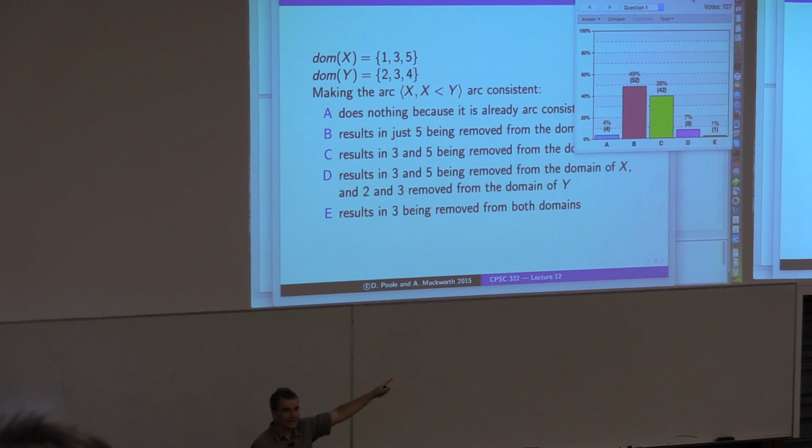So we can't rule out, just by knowing these values, that x is 3. All we're doing is ruling out those that are impossible. It's impossible for x to be 5, so we agreed with that because x is not less than 5. But it's not impossible that x is 3 because it could be that y is 4 as a solution. Okay, is everyone happy about that? So the answer here is B.